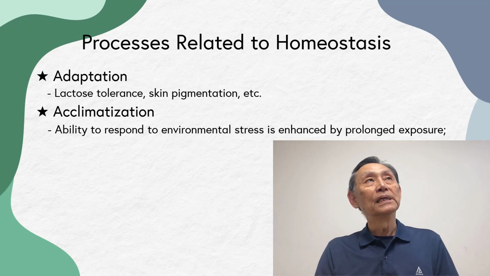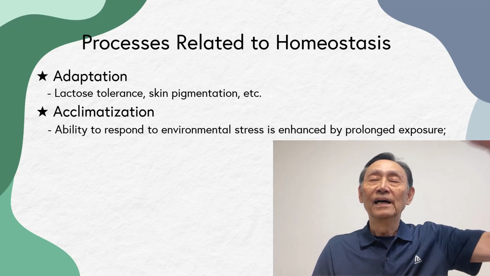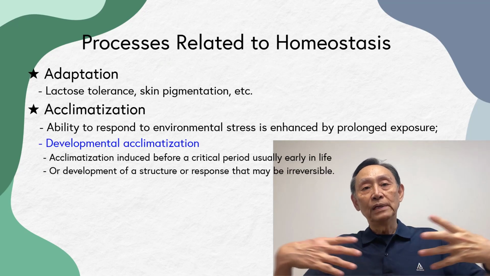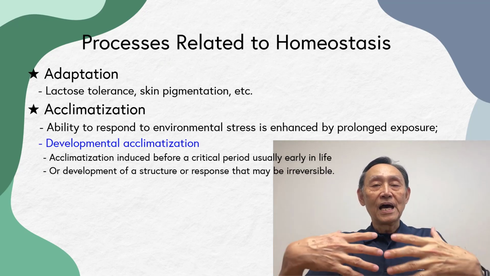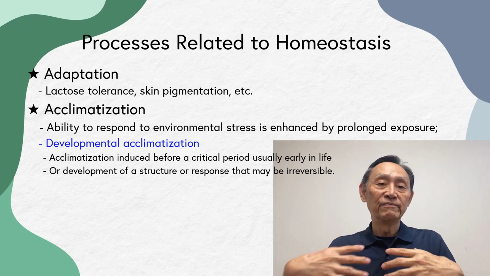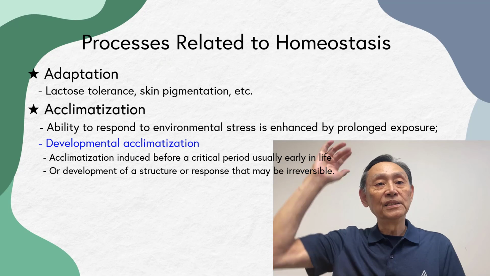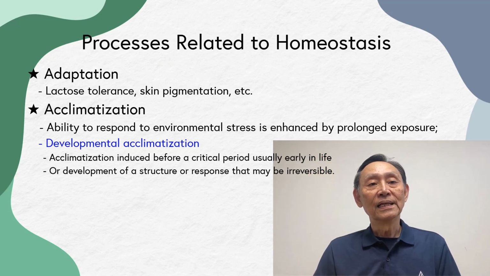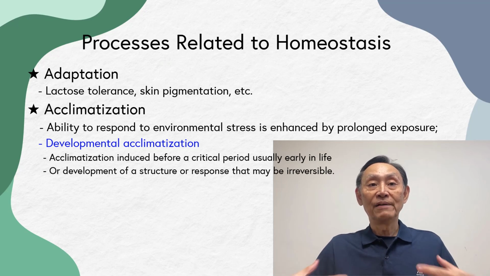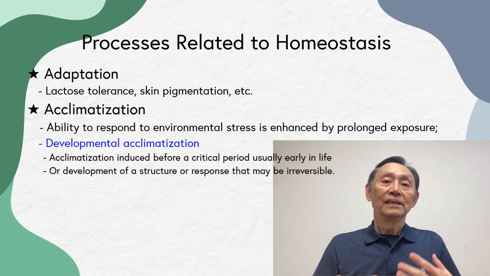Just like people living in the Andes in South America, at high altitude, they tend to have a larger chest. That means they need more lung volume, because at high altitude you have less partial pressure of oxygen, less oxygen. So you need a larger lung volume so that you can survive.